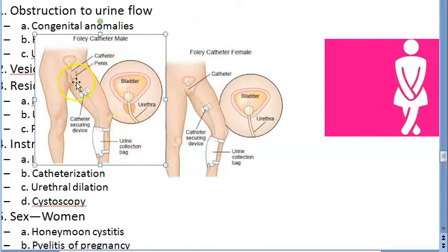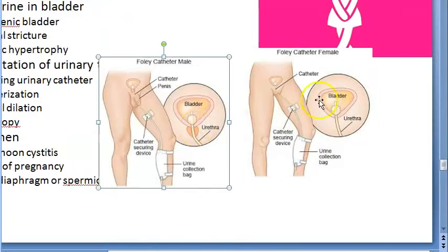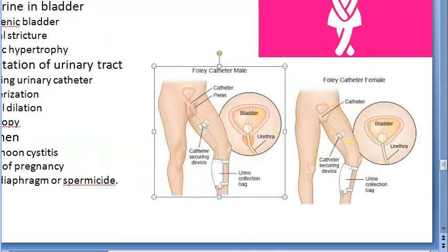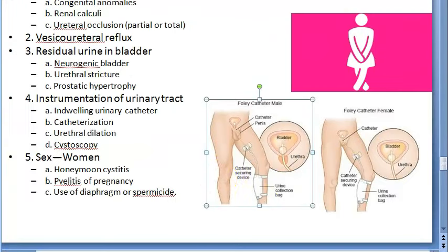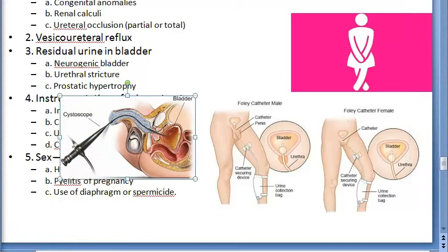Here they are showing the catheter and urine collection bag. So that is why these catheters have to be changed regularly and kept very clean and hygienic. Cystoscopy is basically to examine the bladder, right? They will have a lens so they can see inside.